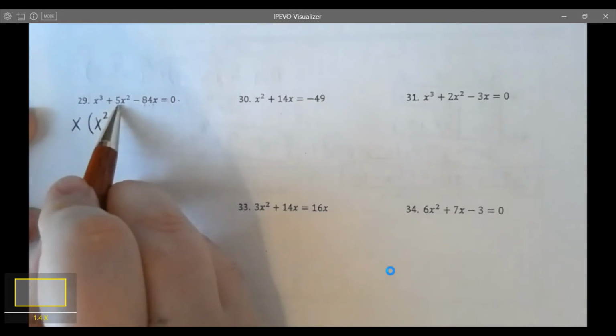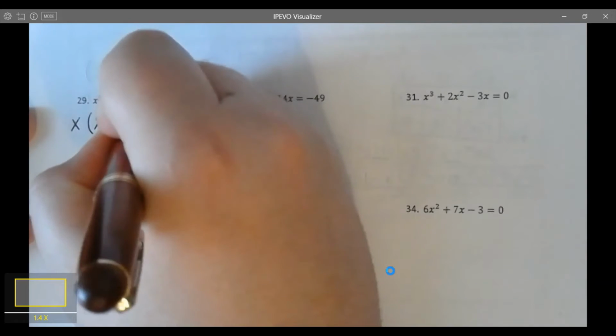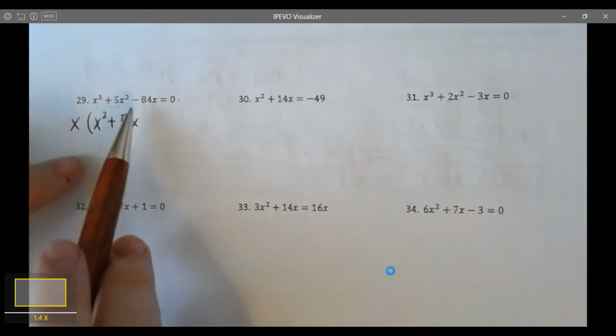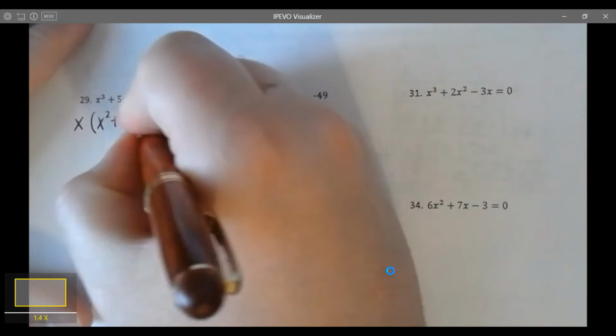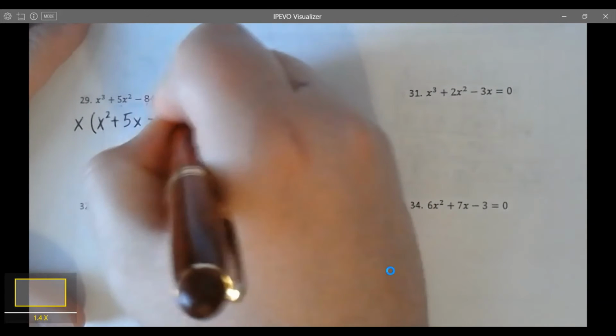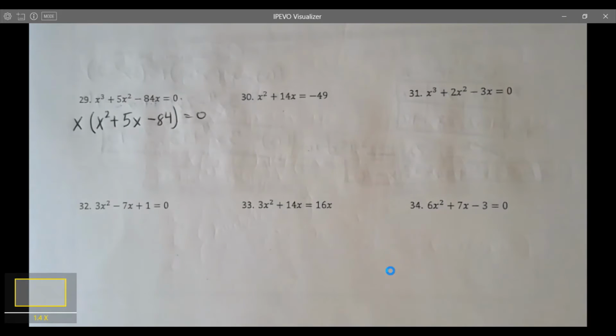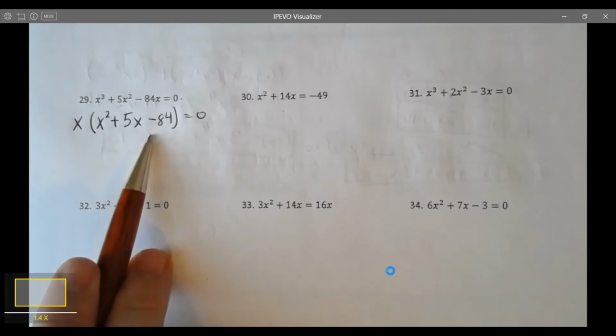Then I'm going to lower the 2 by 1, so 5x. And then for the last term, x to the 0 is just 1, so this is just going to be 84. Now this is x squared plus 5x minus 84.